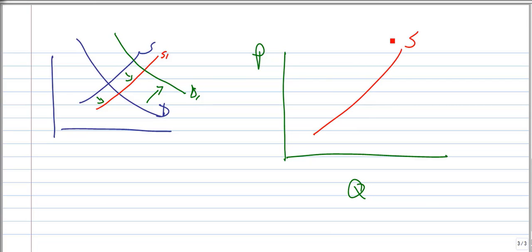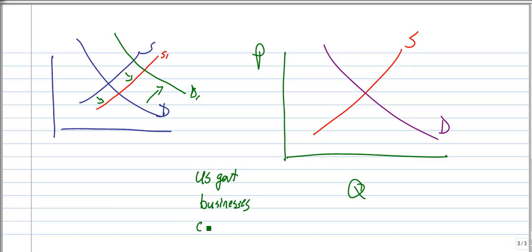Here's the supply of money, and here's the demand for money. Let's hold supply constant. And I want you to think about, you've got the U.S. government, businesses, and consumers. We all need money.